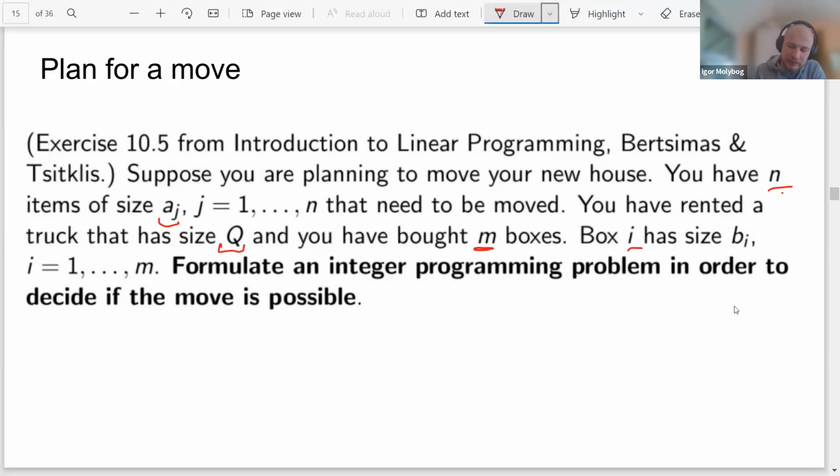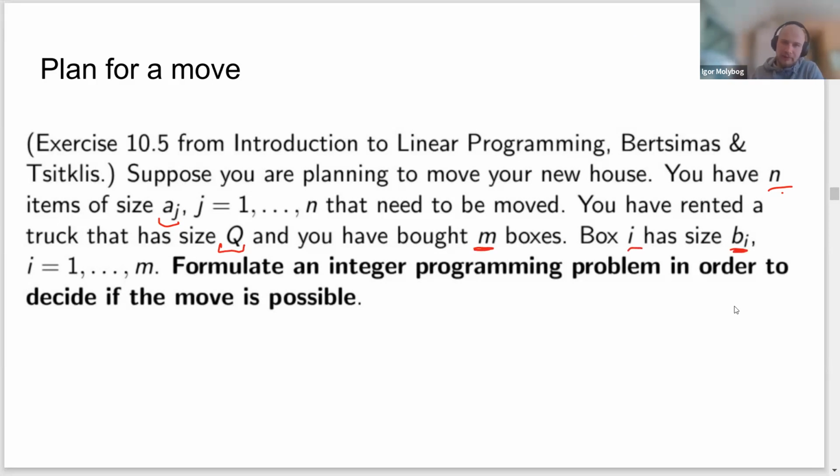Box i has size b_i. We ignore the fact that the items have different shapes. For us, all of the items are liquids. So as soon as they have a volume or a size of a_j, we can shape them into any form so that they fit into a box as long as there is volume in the box that allows it.